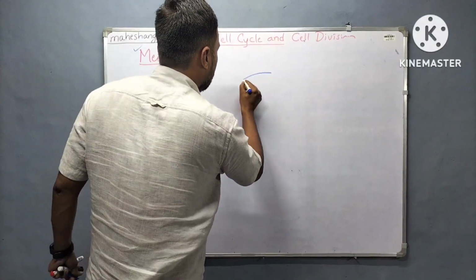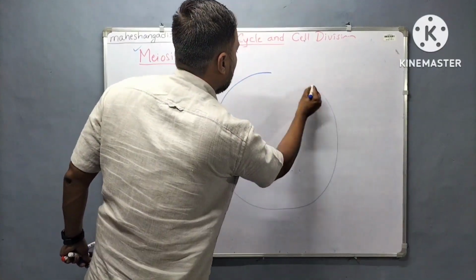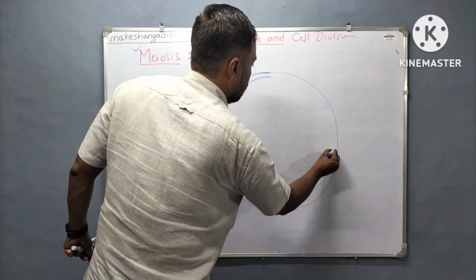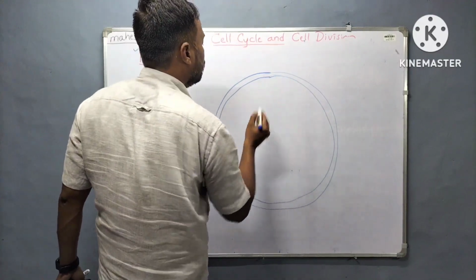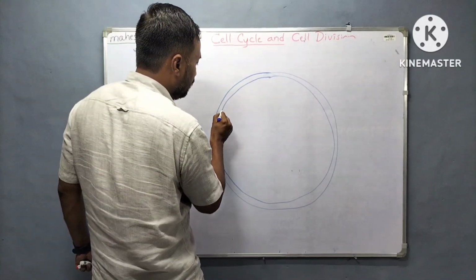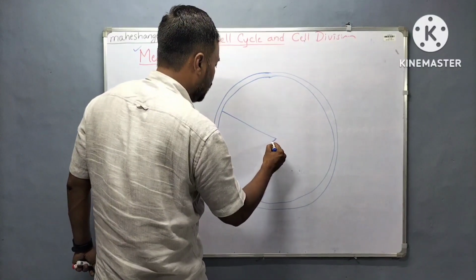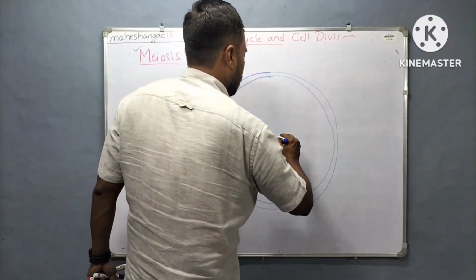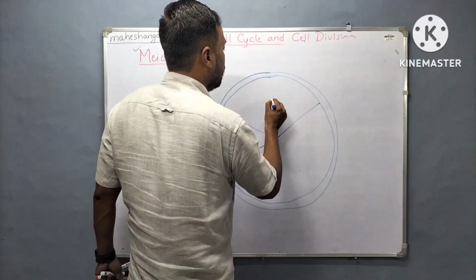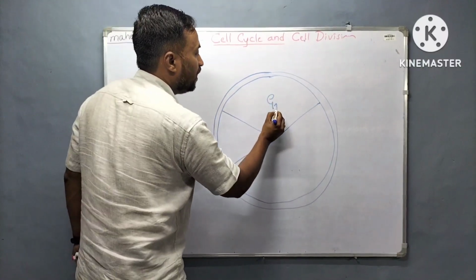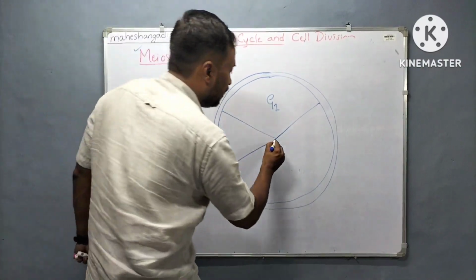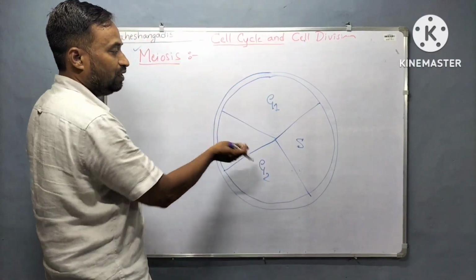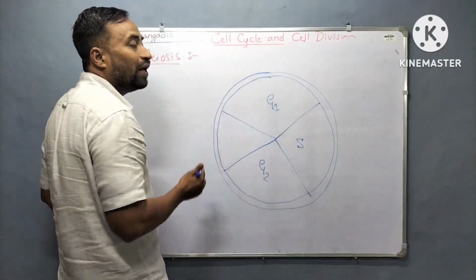Let's assume this is a life cycle of meiosis. Of course, here also there will be interphase of 95% duration. Let's assume this is all interphase. Here also there will be G1 phase, just the same as mitosis, and here also there is S phase, and here also G2 phase, which are all just the same as mitosis.